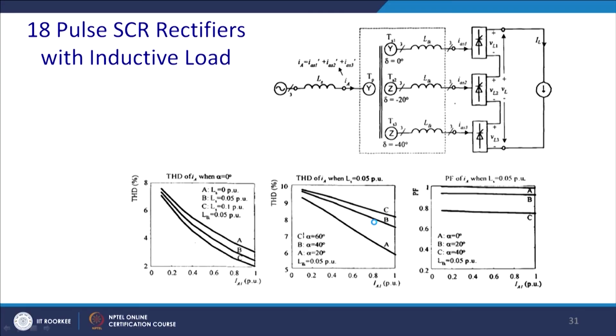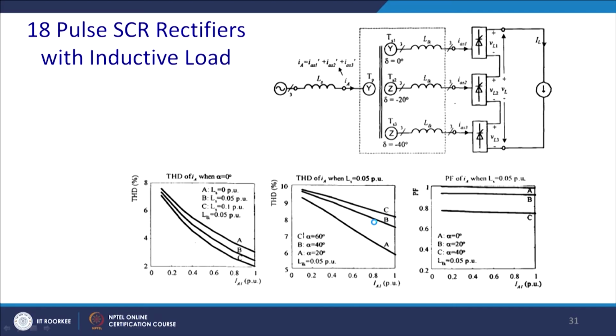So, this is the analysis. While increasing alpha, of course, you expect that THD and power quality will degrade, but you can have control over the voltages. Similarly, what should be the corresponding parameters of the 18 pulse converter?